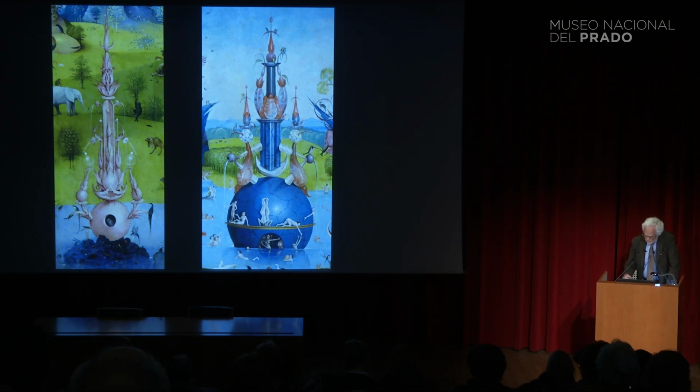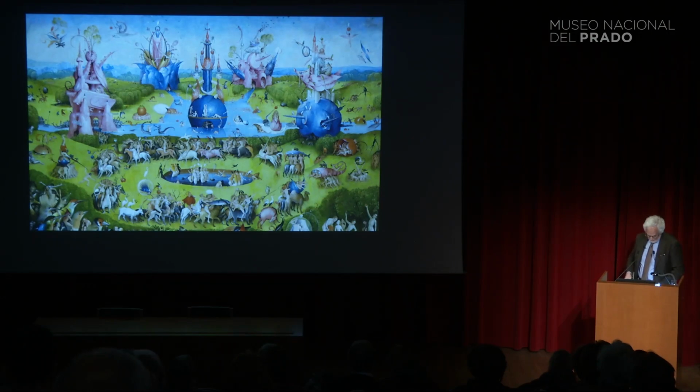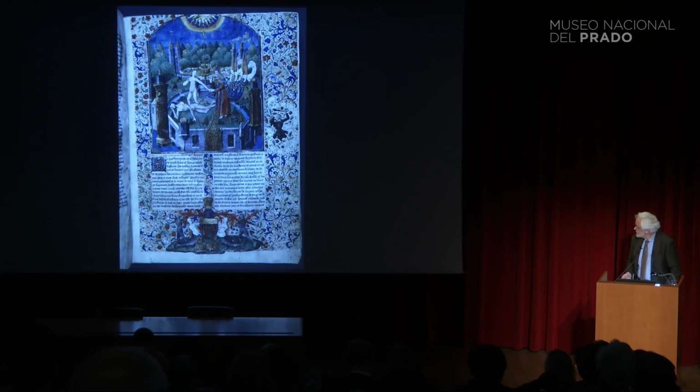But then the fountain is also surrounded by 4 towers and 4 rivers, which resonate clearly with contemporary representations of earthly paradise. This is a stock-in-trade motif. You see the fountain of life, and you see with some difficulty 4 rivers and towers marking this 4-partite division of the Garden of Eden, among many other examples.